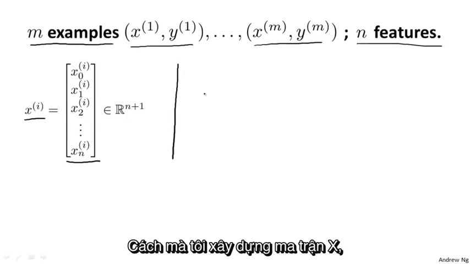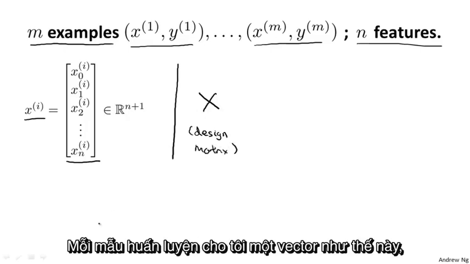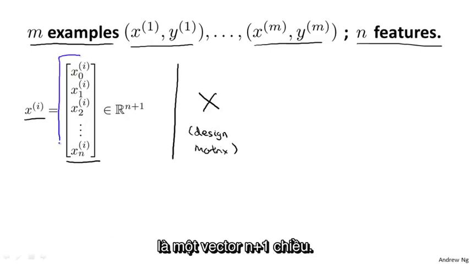The way I'm going to construct the matrix X, also called the design matrix, is as follows. Each training example gives me a feature vector like this, an n plus 1 dimensional vector.